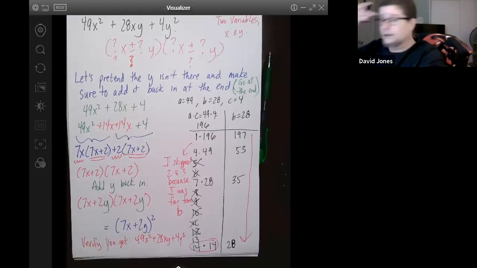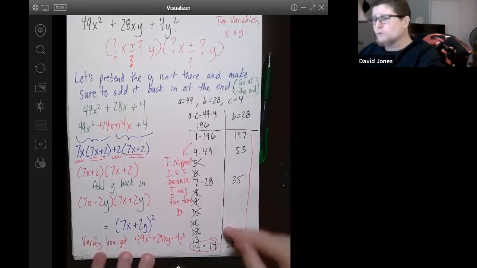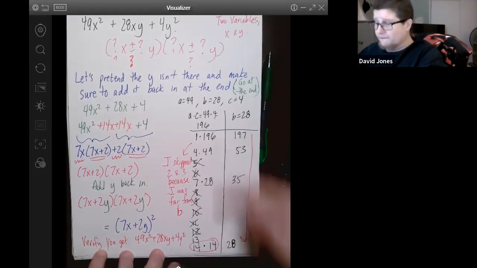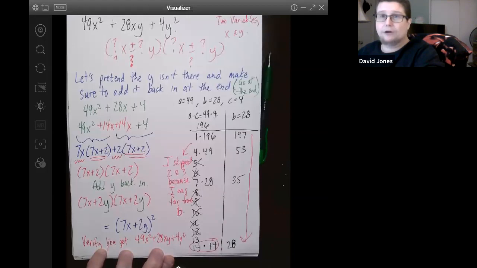it doesn't always work. This method will work no matter what. If it factors, it factors. If it doesn't factor, you'll skip the number and it doesn't appear, and you know it doesn't factor.